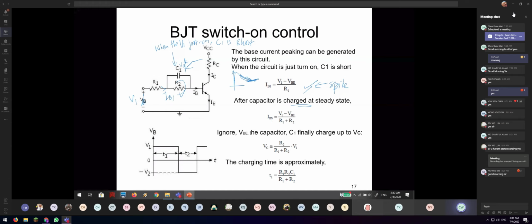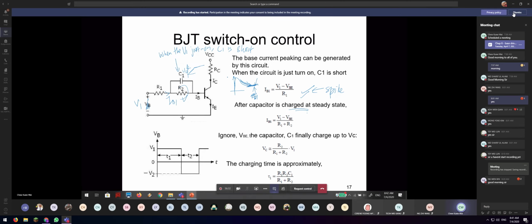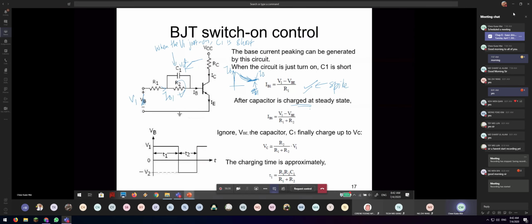So here is the IB behavior, and here is IBS. When it achieves saturation, IBS is Vin minus VBE divided by the resistors R1 and R2. So it's a very simple circuit analysis.